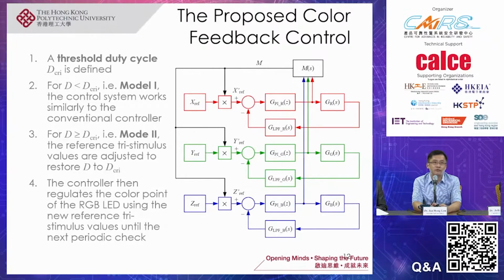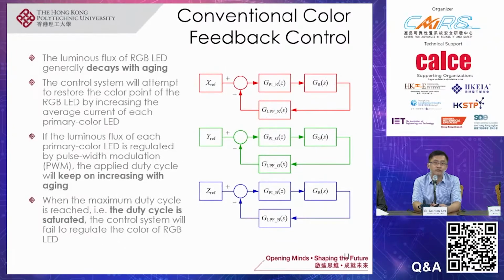Before I talk about the proposed control method, I would like to point out that the duty cycle of the PWM signal used to control the luminous intensity of the LED can be regarded as a precursor, which provides information about the current state of health of the LED, and also about the remaining useful life of the LED.